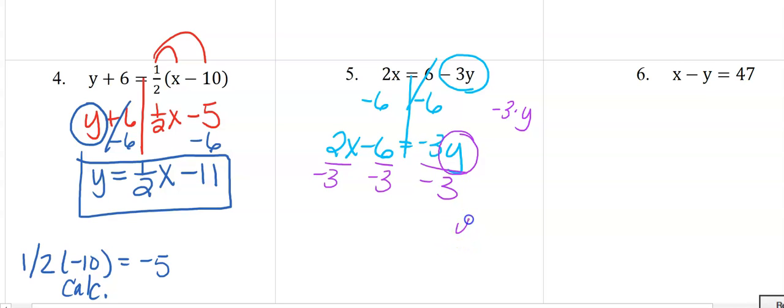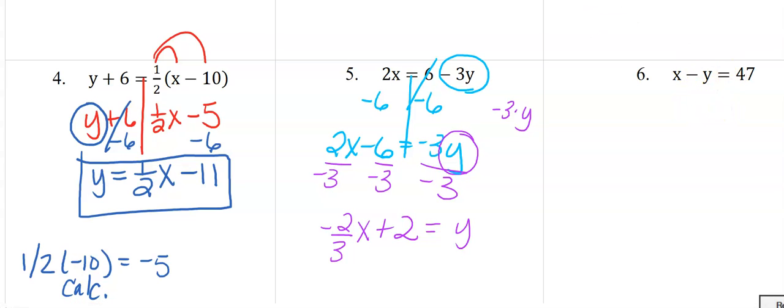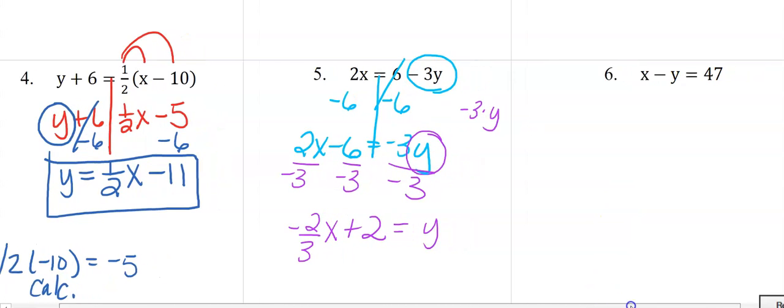I want to make sure I remind myself to divide both of them by -3. 2 divided by -3 doesn't do anything pretty, so I'm going to leave it as a fraction. -6 divided by -3 is +2. And if y'all see any errors, just remind me, let me know so I can go back and fix them later.